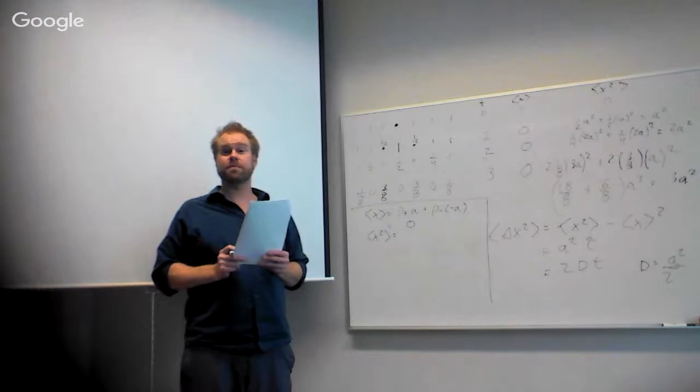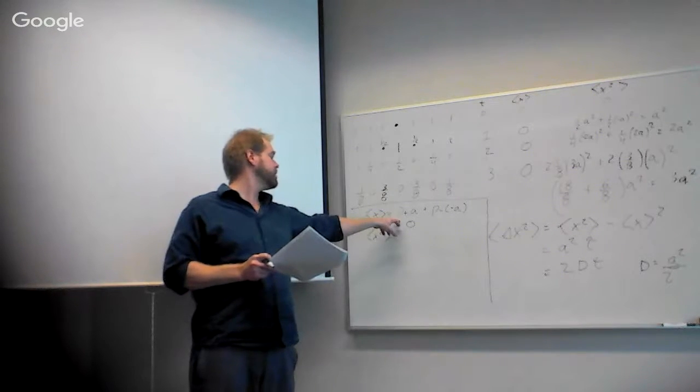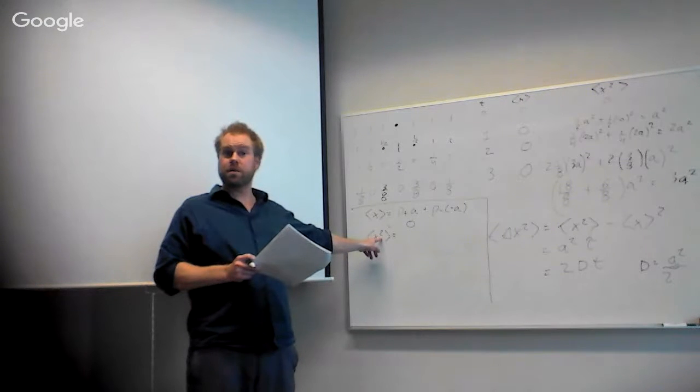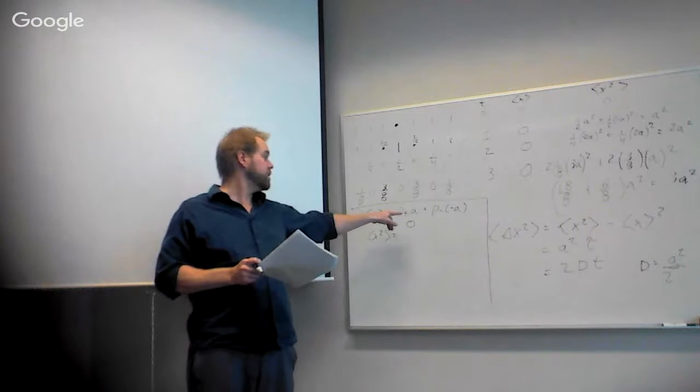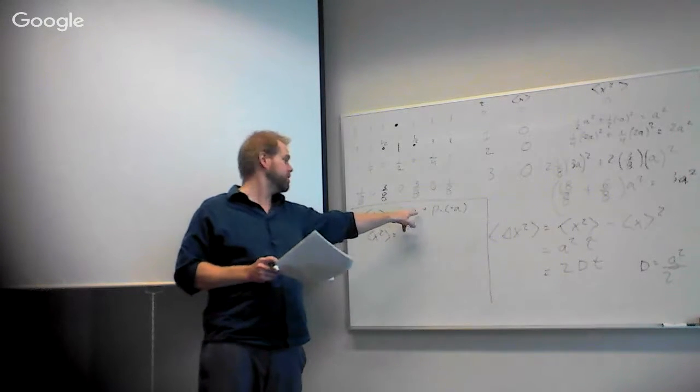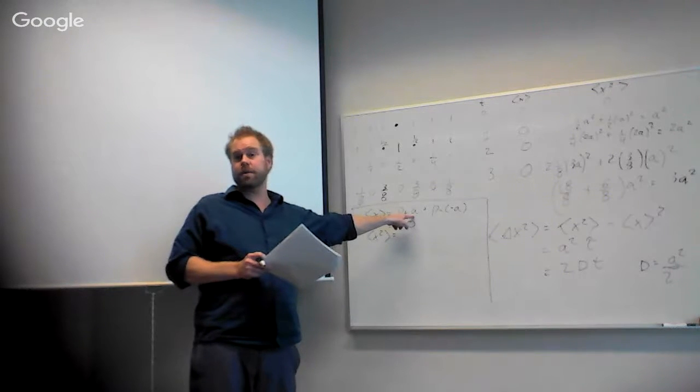So how many times? This is the mean x. Now I just want to look at the mean x squared, right? So all I'm going to do is have the same adding up the probabilities, but is it going to be multiplied by a? Just our jump space squared, or just a squared?